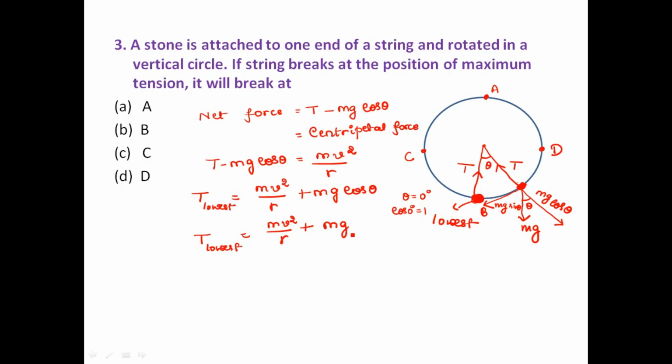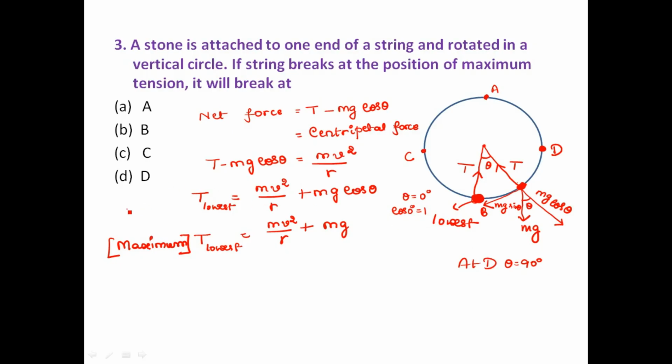The string can break only at the maximum value of tension. Clearly, tension is maximum at the lowest position. What are the other values of theta you can have? If the stone reaches here at the point D, the value of theta is equal to 90 degree at D, right?